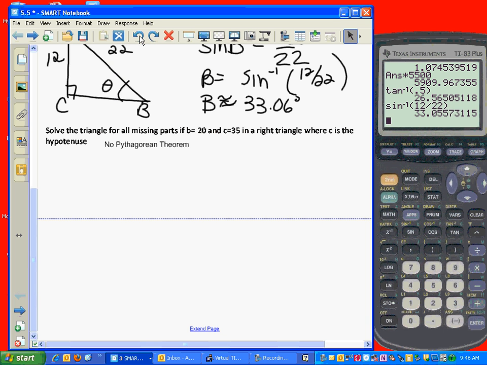I want to make sure that you can do these right triangles correctly. Well, you can label your angles however you want to. It's just then across from angle A goes your side A. It doesn't have to be.